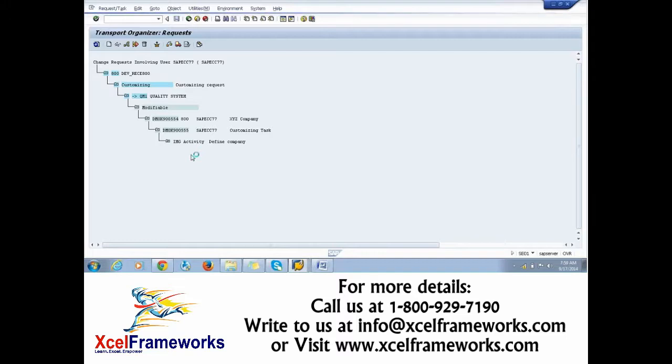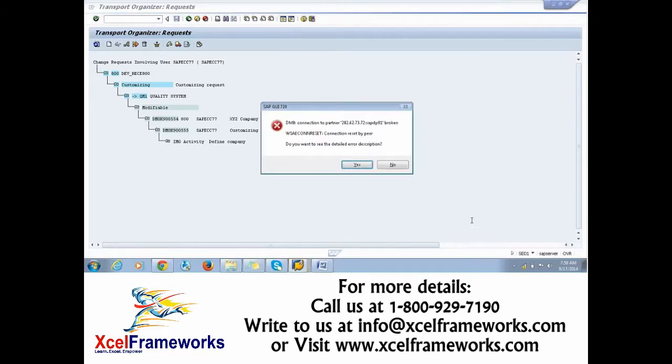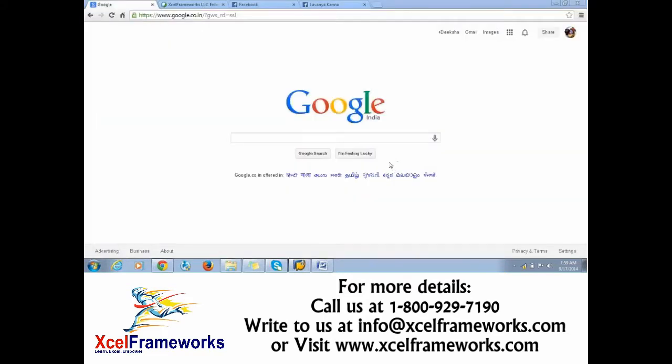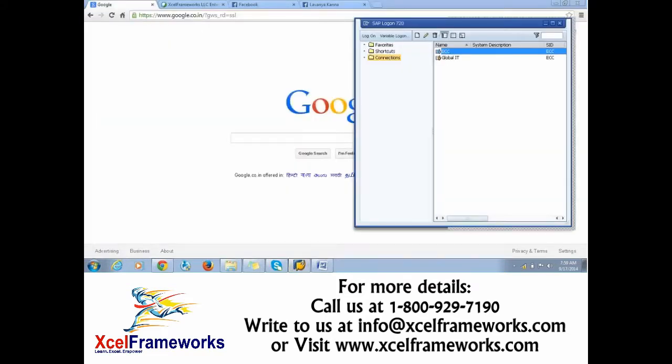As I told you, the changes or the configurations will be saved to the task. So let me connect again.